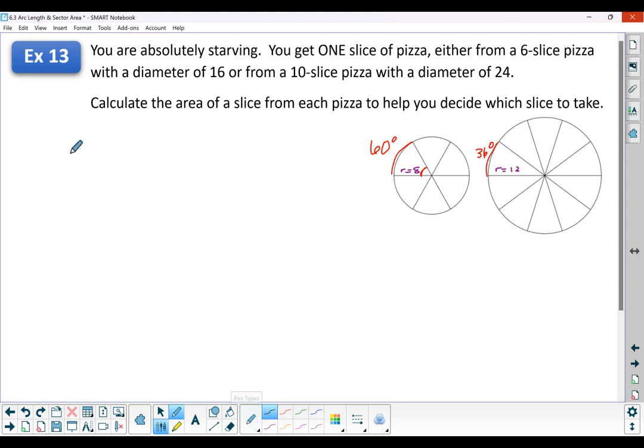So applying our area formula for the first pizza, the area of one slice is 60 over 360, or you could use the fraction 1/6, times pi times 8 squared. And since we're doing a comparison here, I'm going to go into decimals. So that one is 33.5.